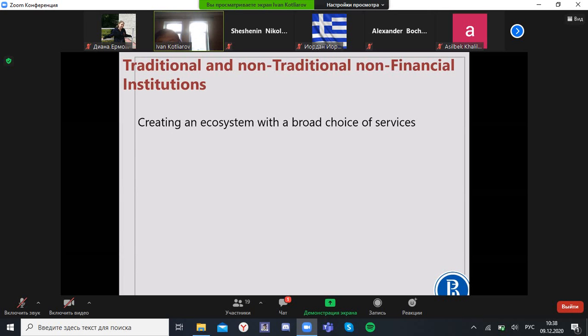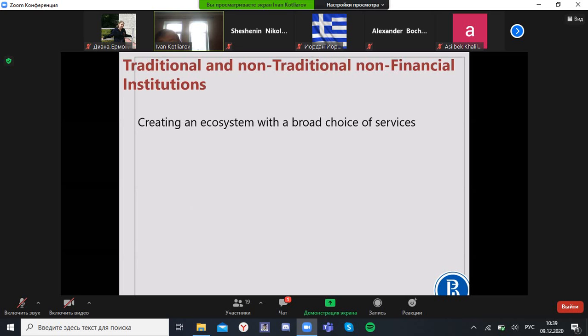So including financial services into their product range means that they create an ecosystem with a broader range of products and services, and customers are able to use not only the basic products of these companies, like just products in case of Ozone, or telecom services as in case of Megaphone, for example, customers get access to financial services. So it is about ecosystems.